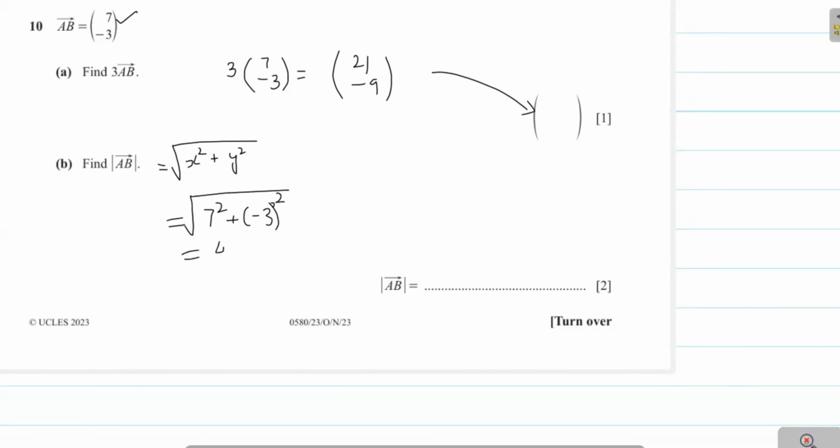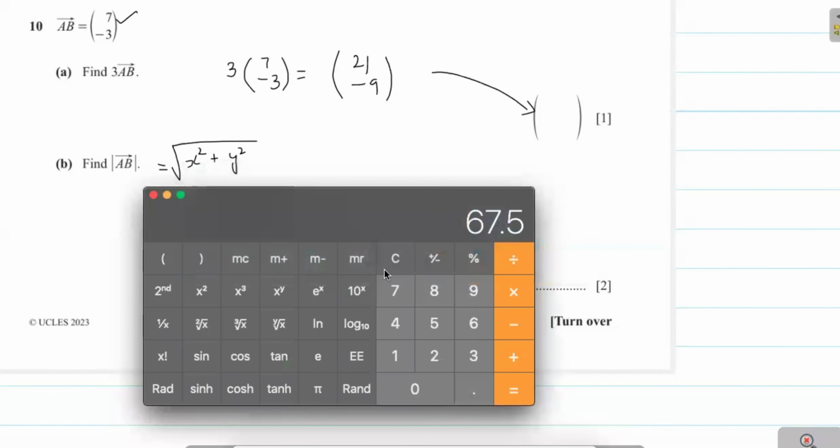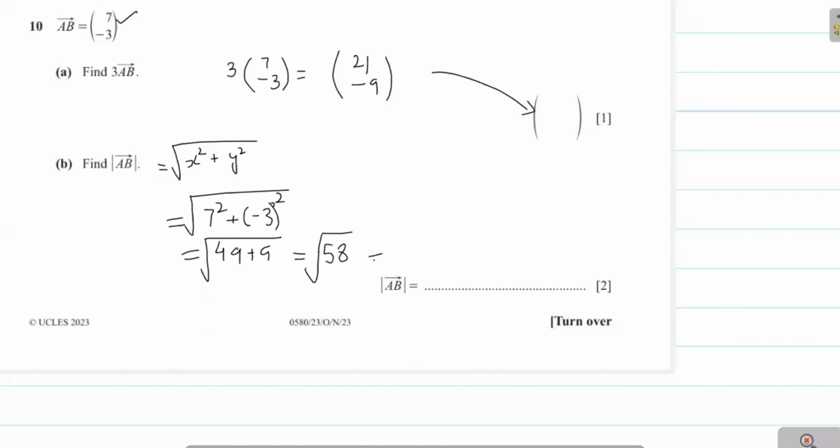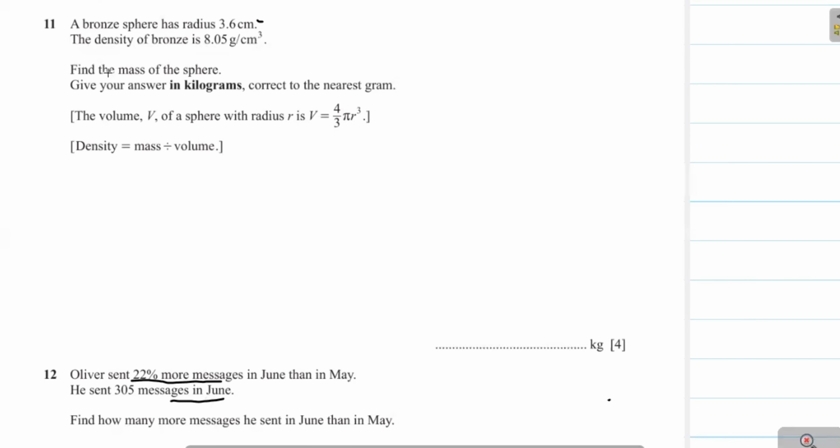This value is equal to 49 plus 9, and that will be equal to the square root of 58. We take the square root of 58. Now you see here the square root of 58, that value is equal to 7.615. 7.615, and this is the answer.